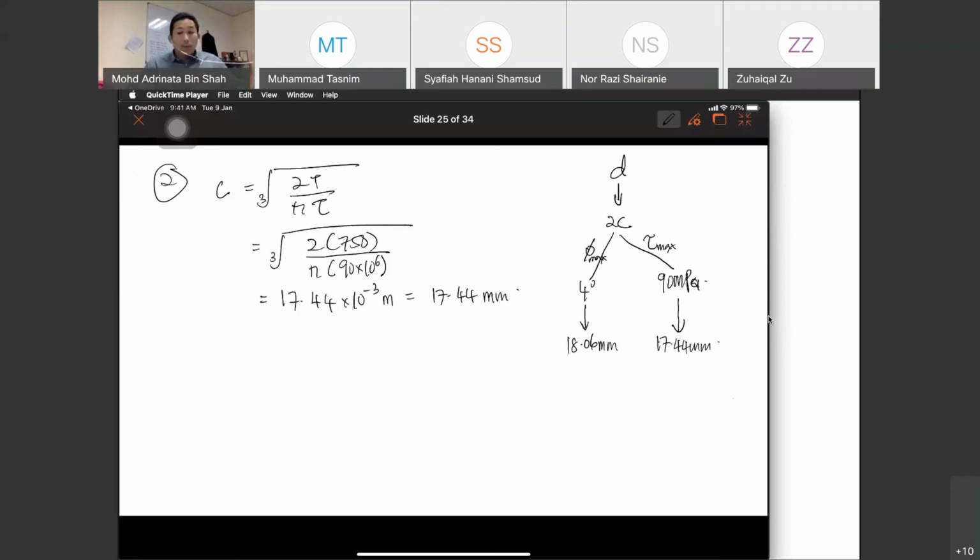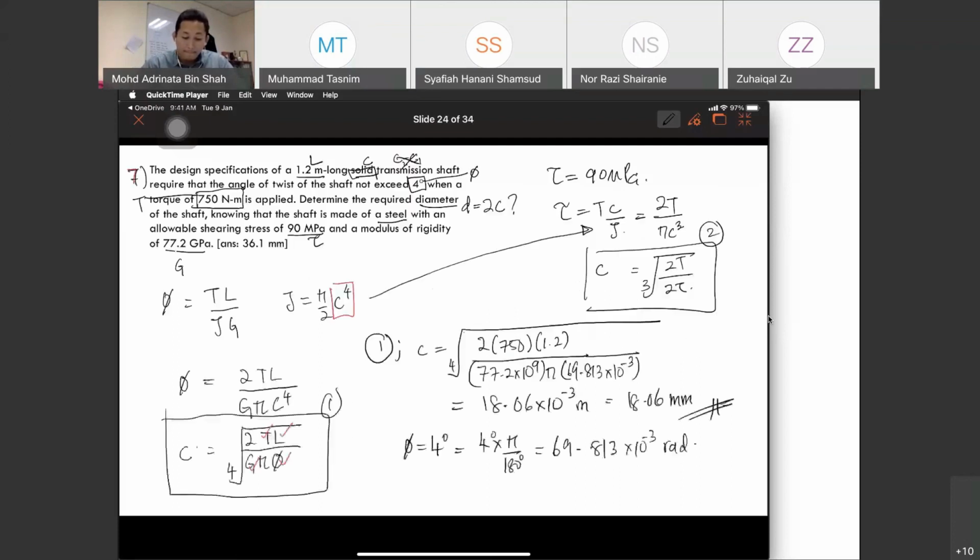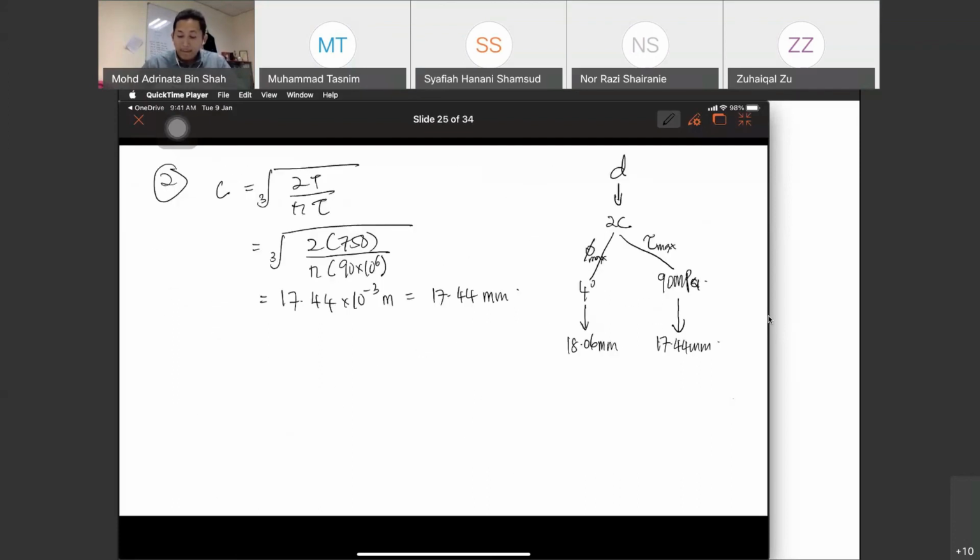Which one should you use? 18 or 17? Why 18?